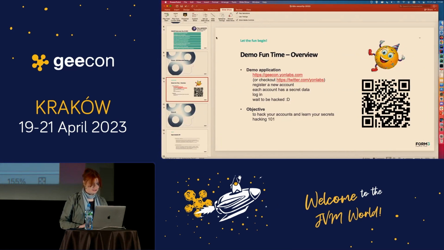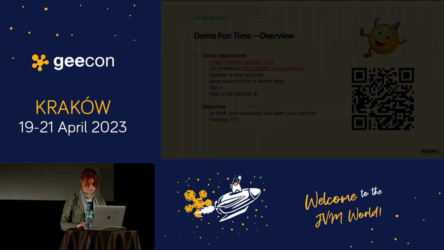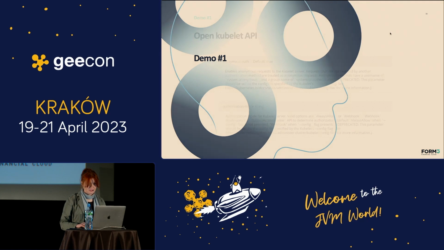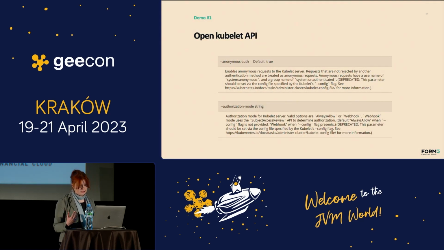So let's get back to our slides, and let's sum up what happened here. What problems did we see during our demo? The main problem was an open kubelet API.